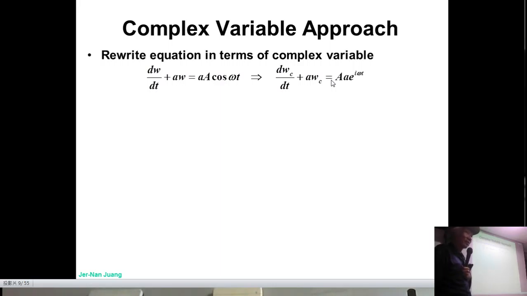So why do I want to do that? Again, this is just for my mathematical convenience. It's nothing to do with physics. So I add it just so that I can solve the differential equation much more easily. After I solve it, I have to come back and take out the imaginary part, because that doesn't have any physical meaning. Understand?